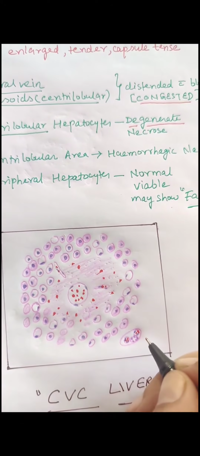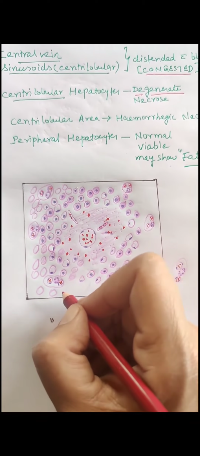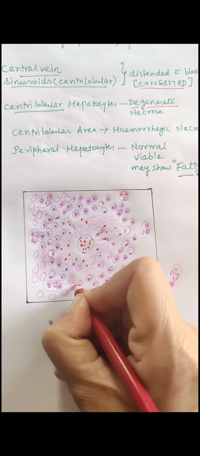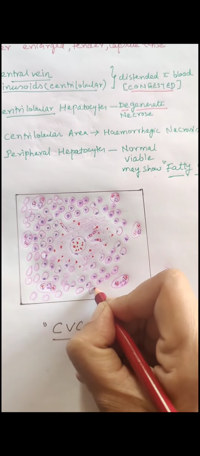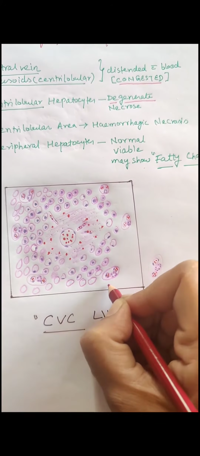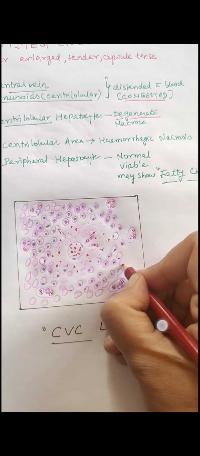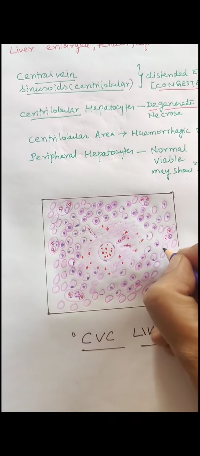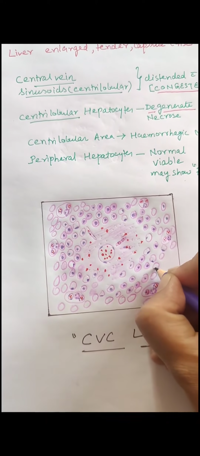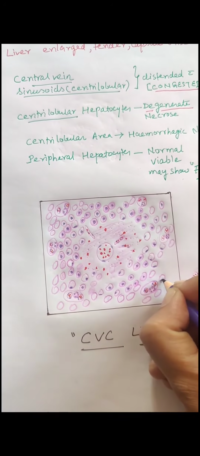And we can show RBCs in the vascular channels. So in this way we draw the portal tracts, and the remaining part we fill with the hepatocytes. So clearly you can see two types of hepatocytes, one viable and the other with a fatty change.